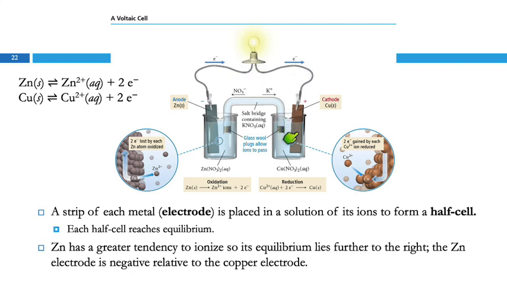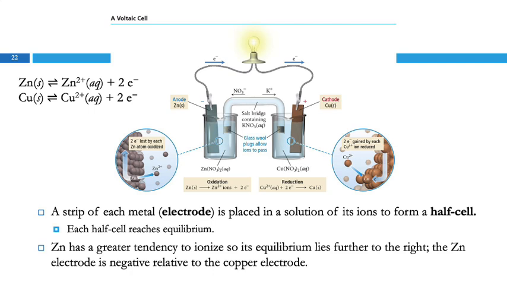And here at the cathode, those 2 electrons are going to be given to a copper ion, which will be reduced and get deposited on the electrode. So each half cell is going to reach equilibrium, but zinc has a greater tendency to ionize, so its equilibrium lies further to the right, and that causes the zinc electrode to be negative relative to the copper electrode.